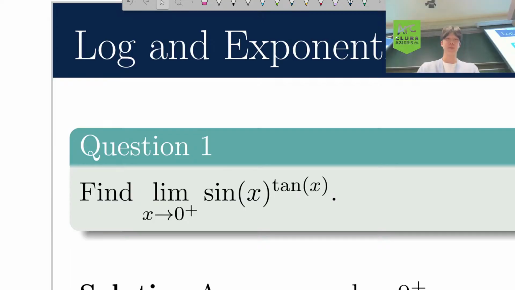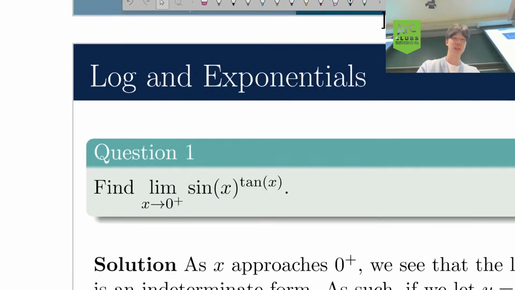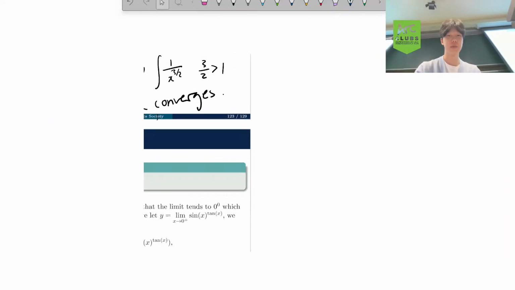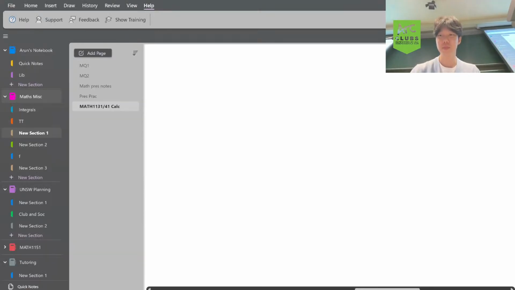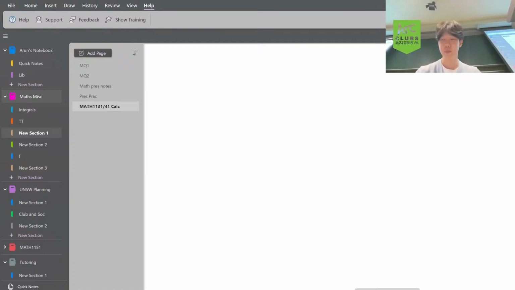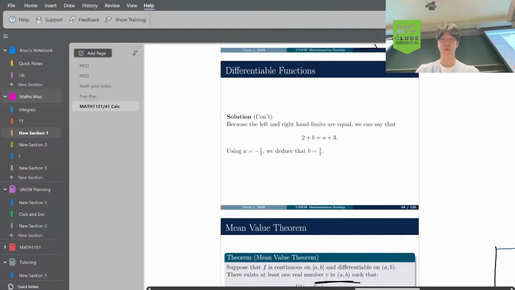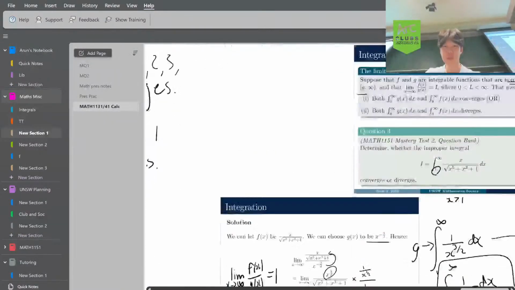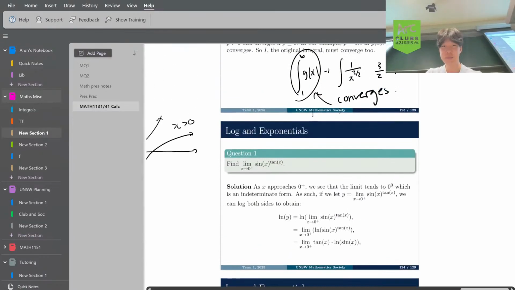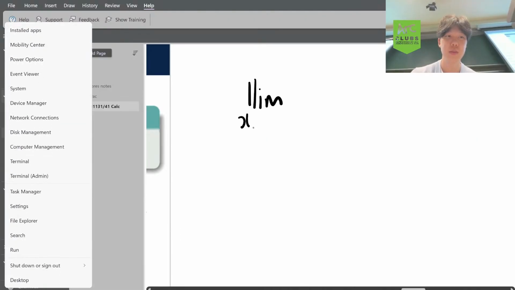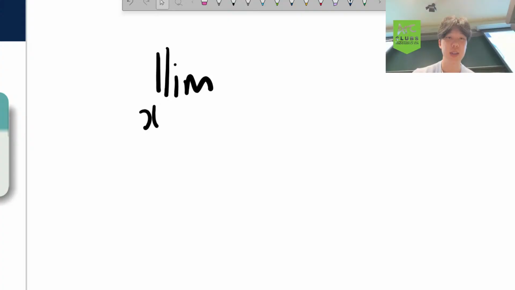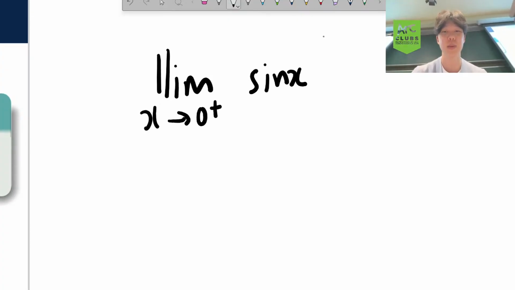As x approaches 0 from the positive direction, we have to find sine x to the power of tan x.